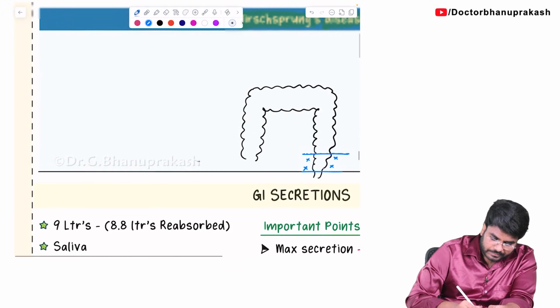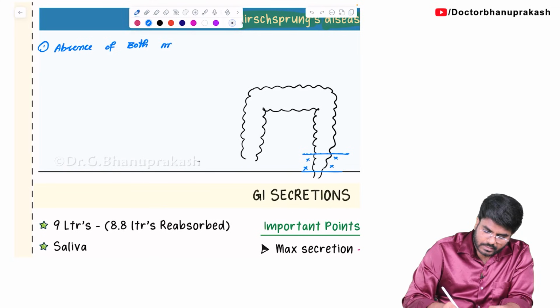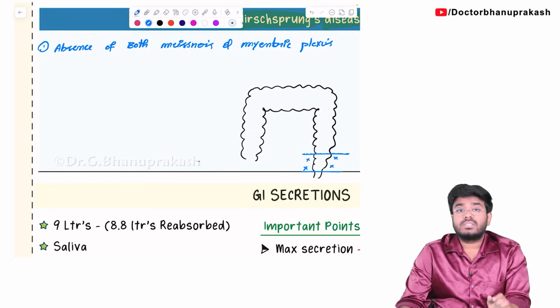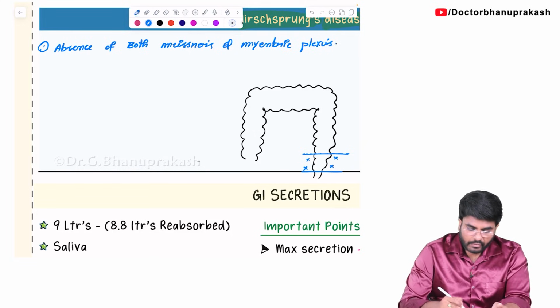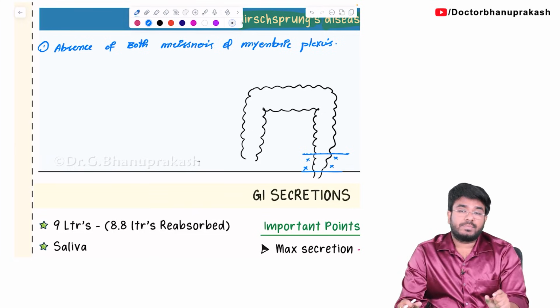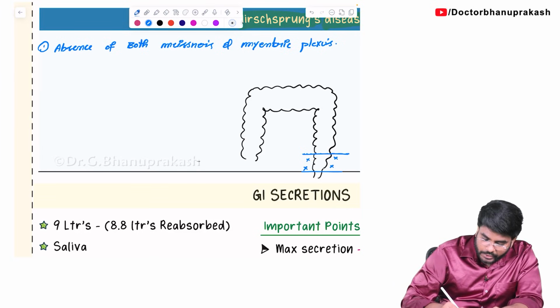So, point number 1: absence of both Meissner's and enteric plexus. Both are absent, both are gone. Whenever both are gone, this particular segment, especially the last part, the rectosigmoid, is called the aganglionic segment.